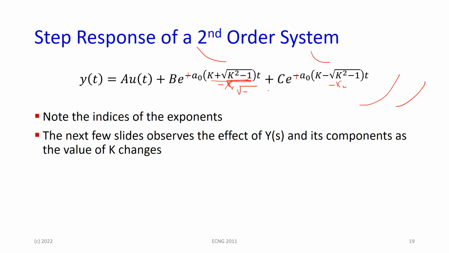And e to the j a naught t plus or minus e to the minus j a naught t, that now is a sinusoid. You remember e to the j is cosine plus j sine. You remember that? Right? So let's observe the effect of this.